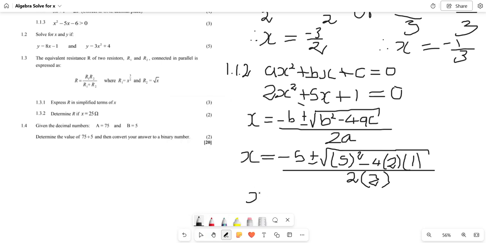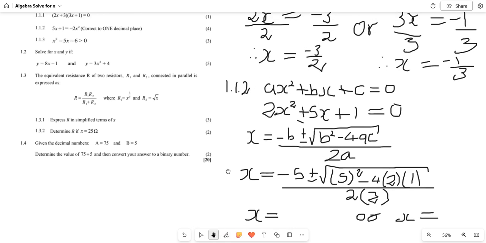Then x will be equal to the first value. Now we are going to apply our calculators. Negative 5 plus square root, open bracket, 5 all squared, minus 4, open bracket, 2, close bracket, open bracket, 1, then everything here divided by 2. Remember it said to 1 decimal place at the top here.